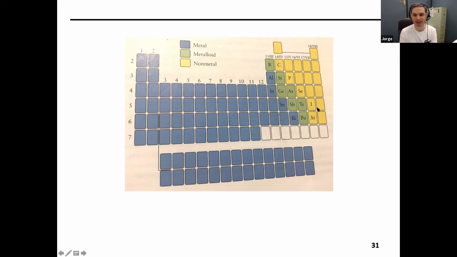All the elements in yellow are non-metals, and a small chunk of elements between the metals and non-metals are classified as metalloids. Metalloid means that they may behave as metal or non-metal depending on the situation.